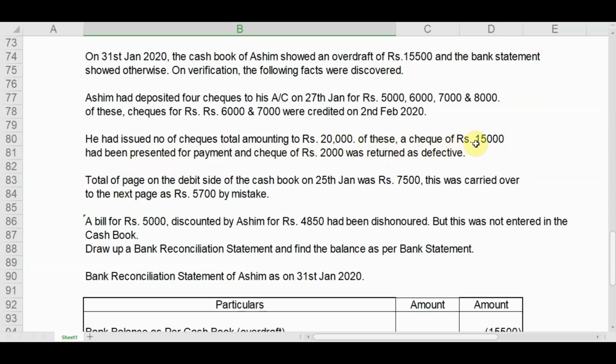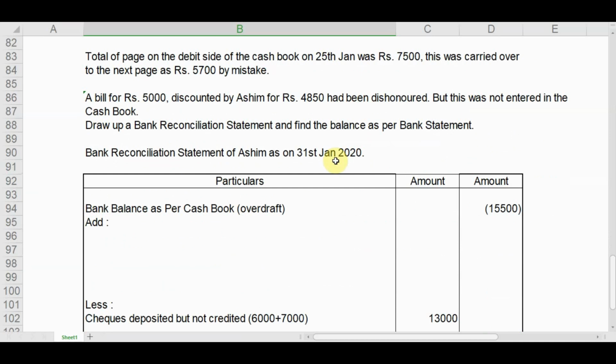So 20,000 minus 15,000 minus 2,000, that is 3,000, were not presented. It is implied. So checks issued but not presented: the cash book balance has been reduced and the passbook balance has been increased. So as we are preparing the BRS with the cash book balance, we will add this figure.